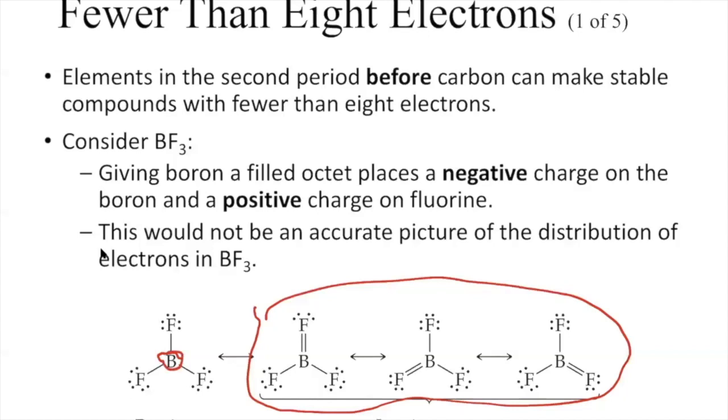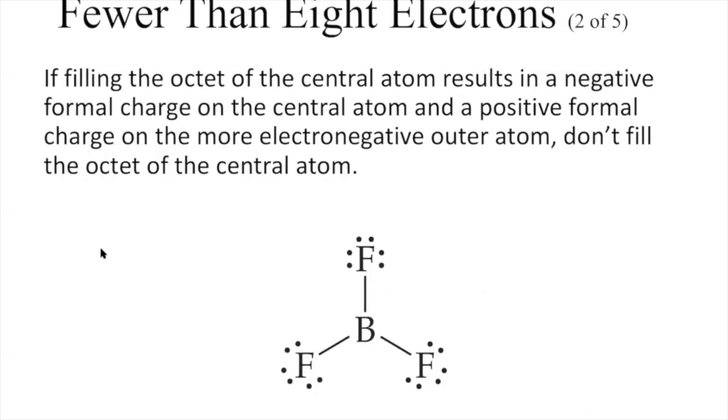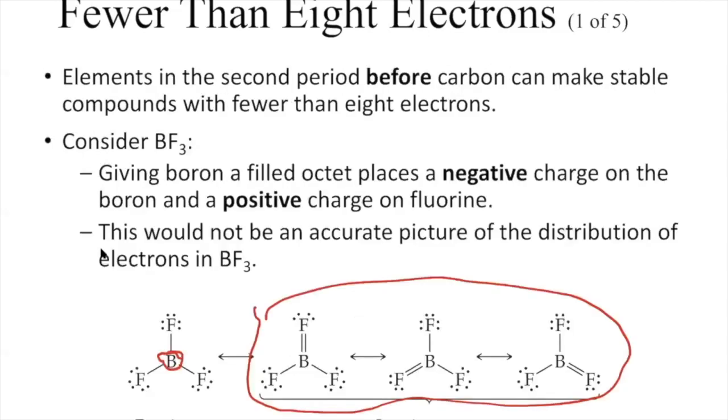So boron doesn't necessarily have to follow the octet rule. If you actually give boron 8 electrons, you will have a negative charge on the boron and a positive charge on the fluorine. And it's not preferred because of the formal charge, we rather have everybody being 0.